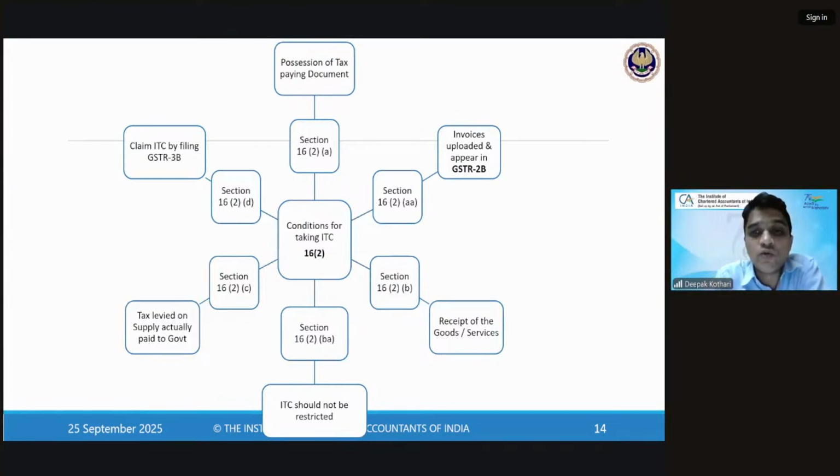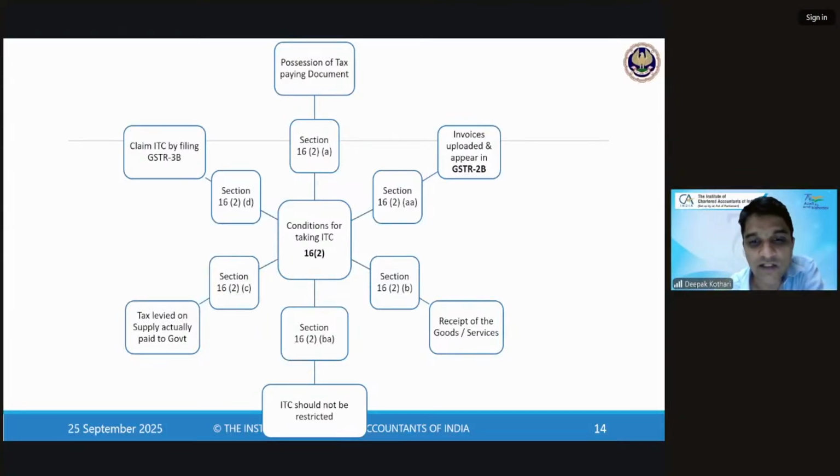Then 16(2)(aa) says that the invoice should be uploaded and appear in GSTR 2B. Then 16(2)(b) says you should have actually received the goods, and in case of services, you should have actually received the services. That is 16(2)(b).